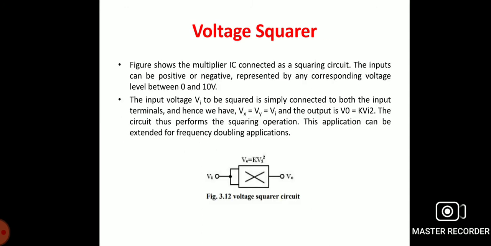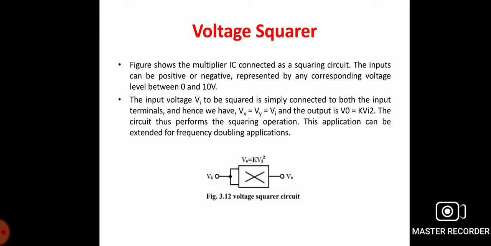First one is the voltage squarer. The figure shows the multiplier IC connected as a squarer circuit. The input can be positive or negative. It is represented by any corresponding voltage level between 0 and 10 volt.